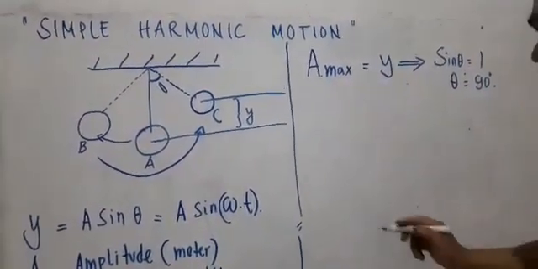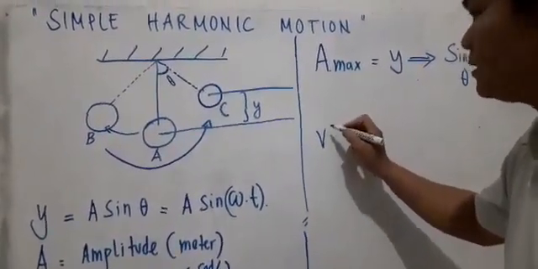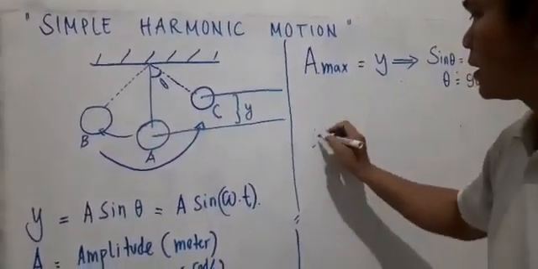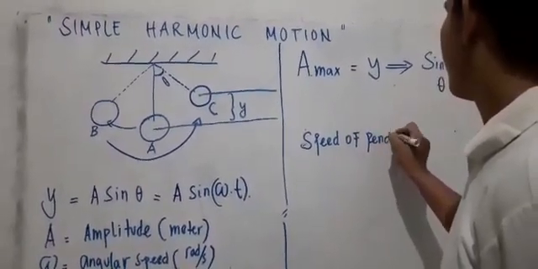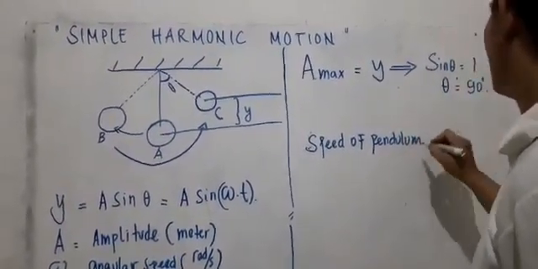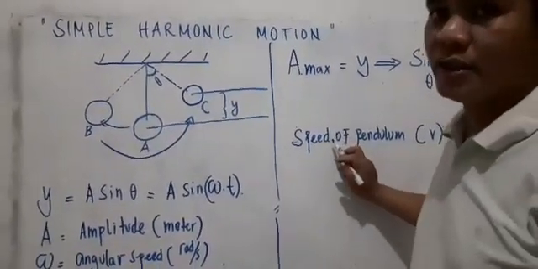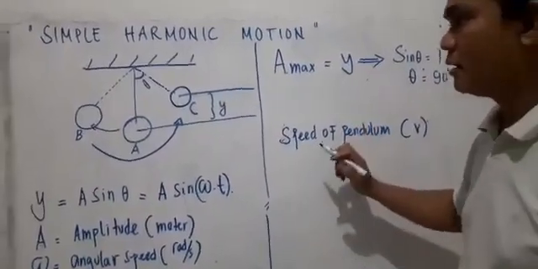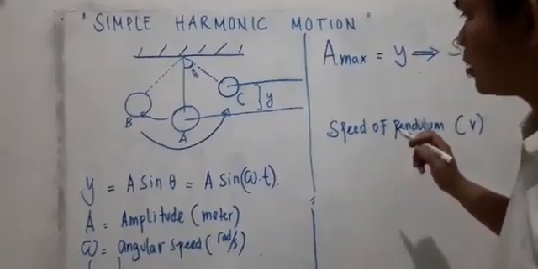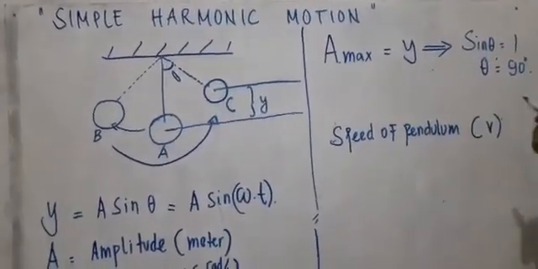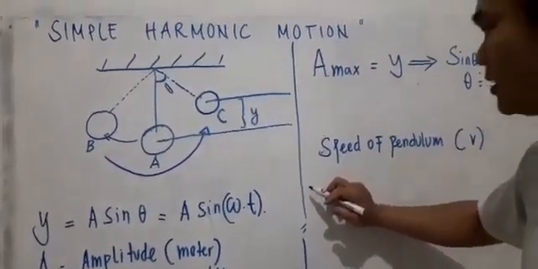Next is the velocity, or the speed of the pendulum, or v. If you are talking about speed and velocity, we don't consider the difference between speed and velocity here.